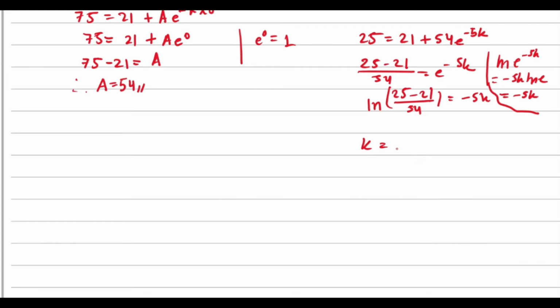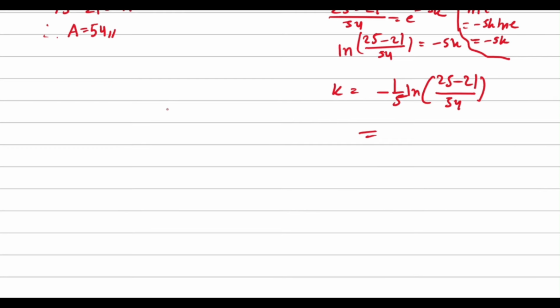Ultimately, the value of k would be minus 1 by 5 ln of (25 minus 21) divided by 54. So this gives us a value of 0.520537, and it goes on.